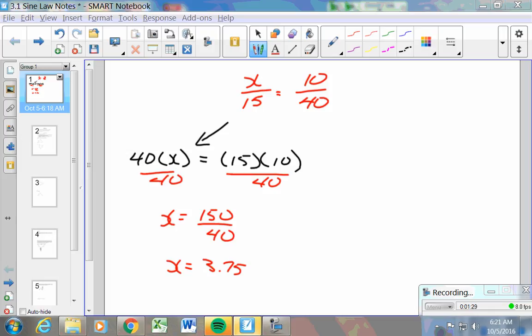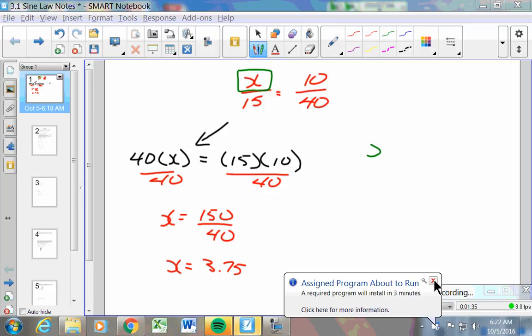What I want us to think about is that we really just want to solve for x. To solve for x, I want to get x by itself. I don't really need to move the 40, because if you look at our first situation, when I moved the 40, I ended up putting the 40 right back to where it started from.